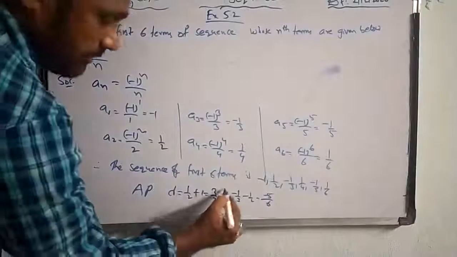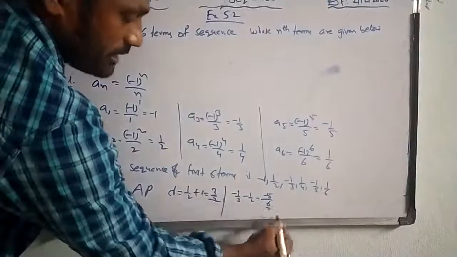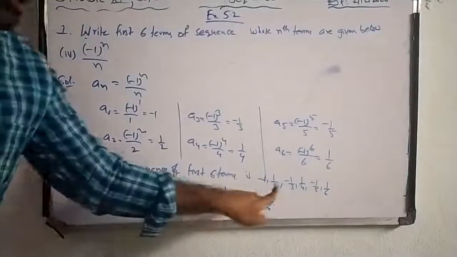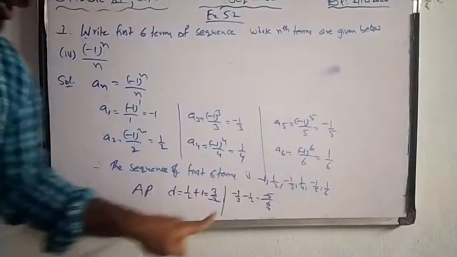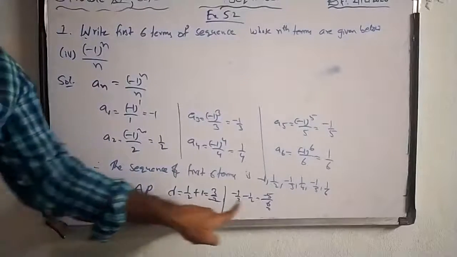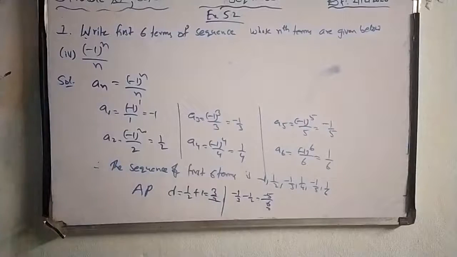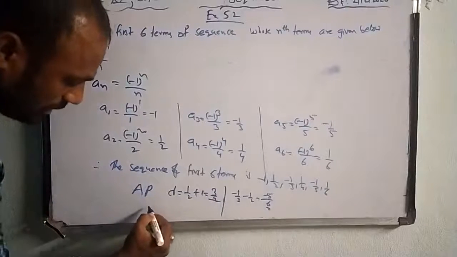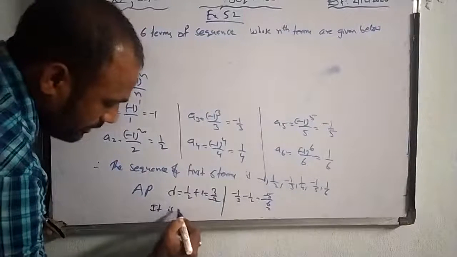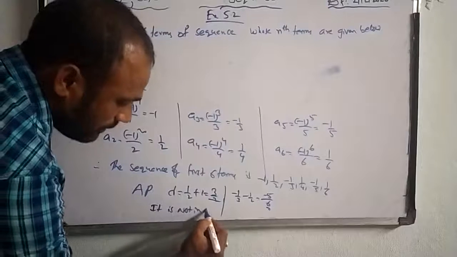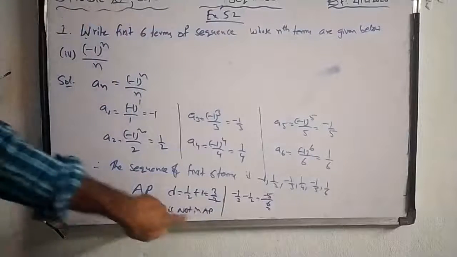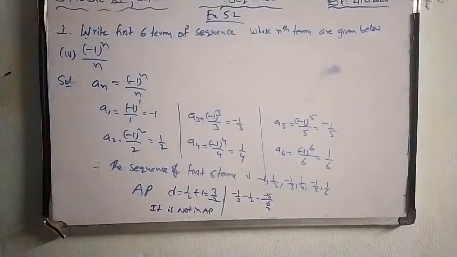Here it is 3 by 2, here it is -5 by 6. I have done A2 minus A1 and A3 minus A2, and both answers are not matching. Therefore, the series is not in AP. If it is not in AP, then definitely it will not be in HP.